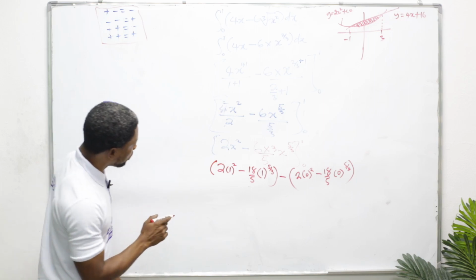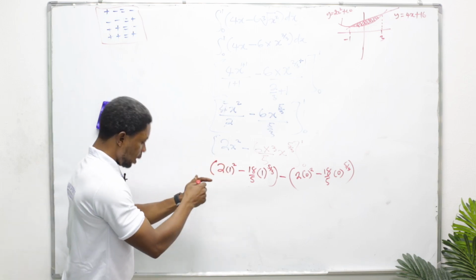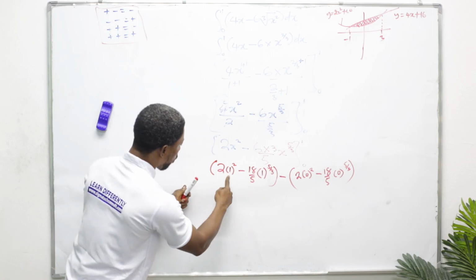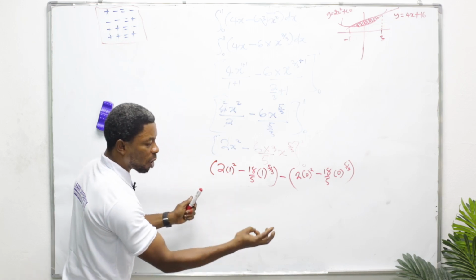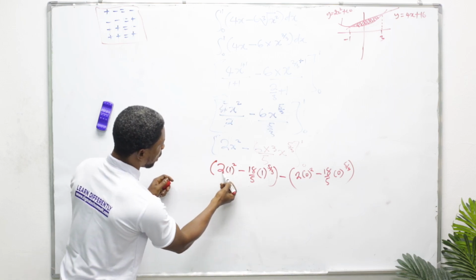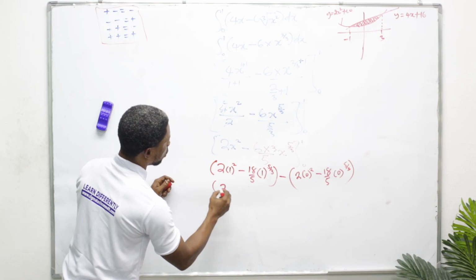Now, look at what you have here. 1 squared is 1 times 1, which is 1. 1 times 2 gives you 2.